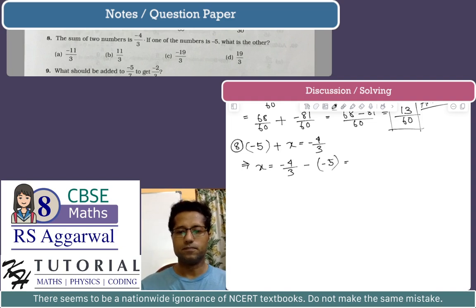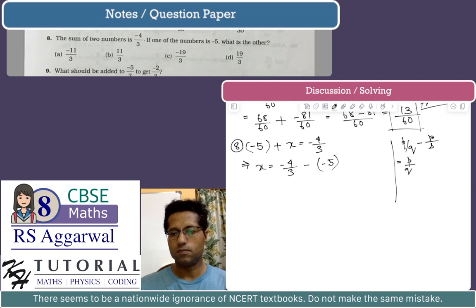We know that the subtraction of two rational numbers p by q minus r by s is nothing but p by q plus the additive inverse of r by s, which is minus r by s.